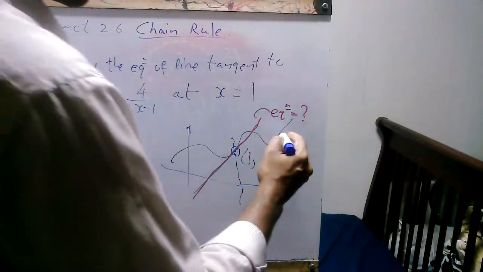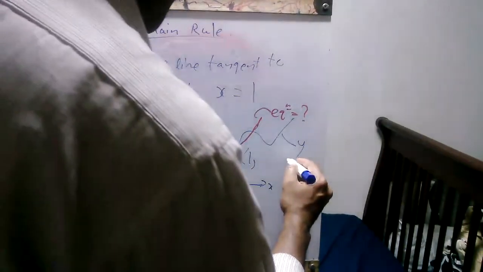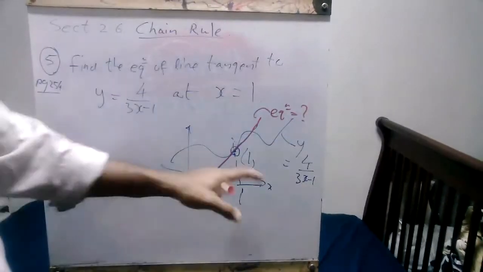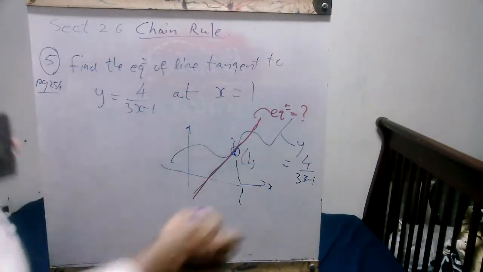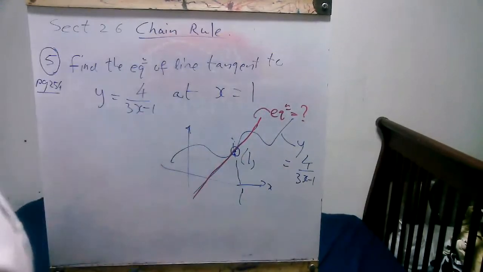This is our y given by 4 divided by 3x minus 1. So we can find the y coordinate. What we do, we substitute 1 here, then we get the y coordinate.